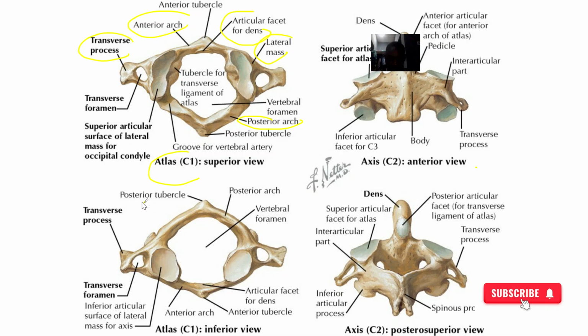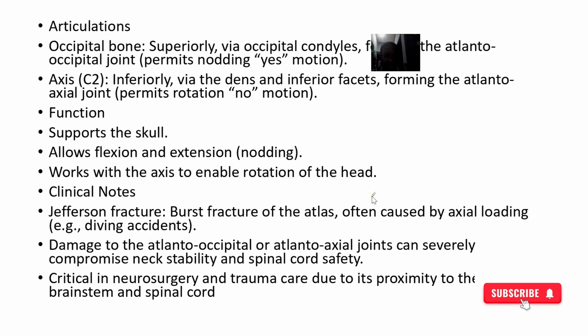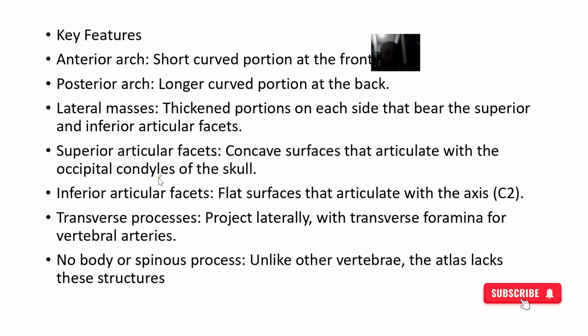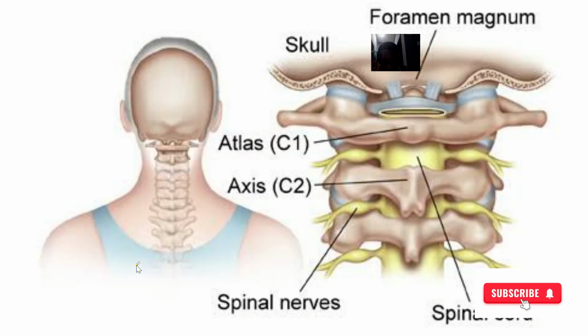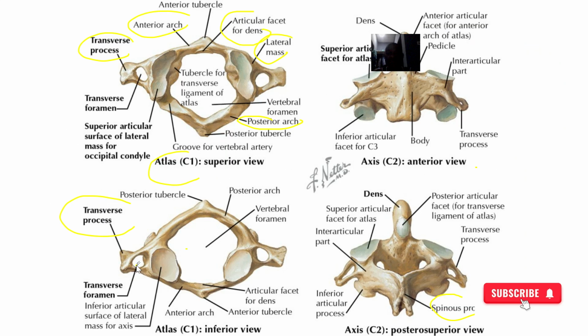Just note that the transverse process is there. For C2 the spinous process is so prominent. But for C1, there's no body and there's no spinous process. Please get that. There's no spinous process for C1.